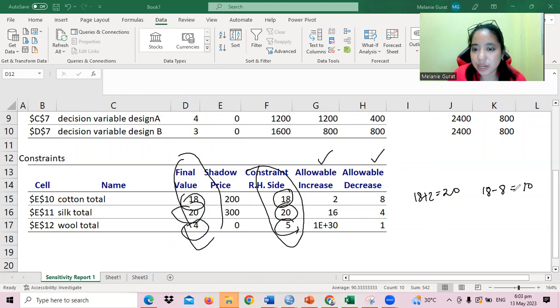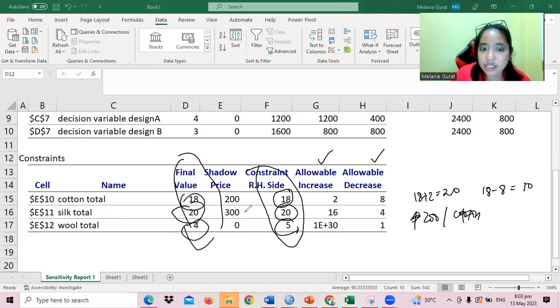So this is the minimum and the maximum cotton, but it also means that in every increase, there is an increase of 200 pesos per cotton. Or if we decrease it, there will be a decrease of 200. The same with our next row.